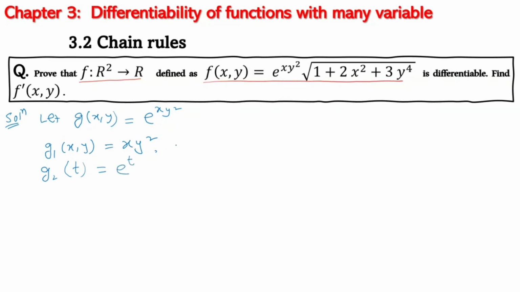So you can see that g1 is a function from R2 to R, and g2 is a function from R to R.